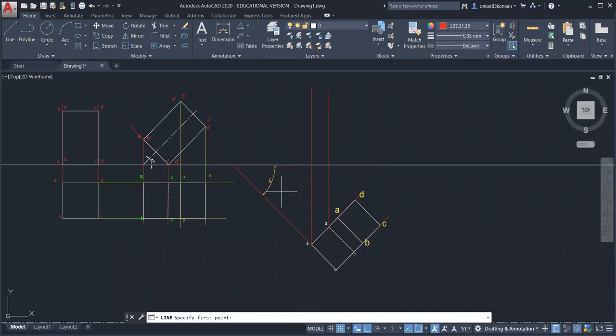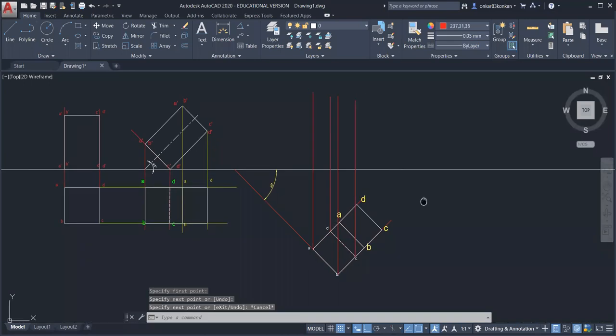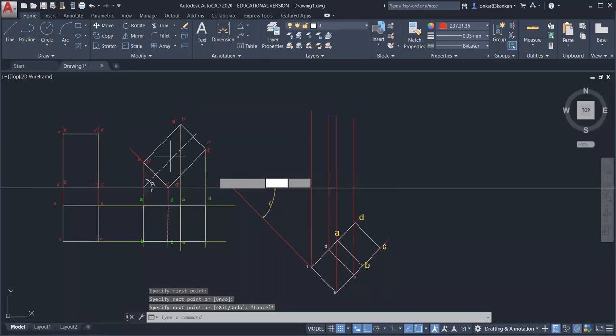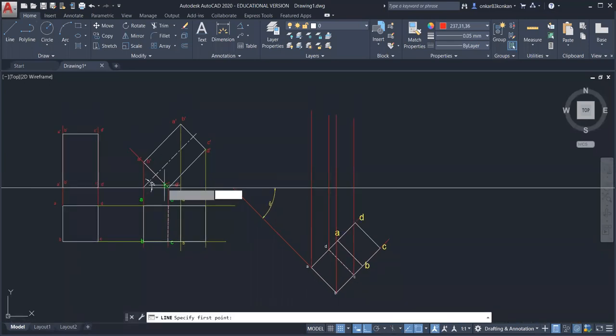Here I am using the red lines for the bottom base. Now take the projections from the second stage front view. So take the projections from the bottom base. Now try to find out the intersecting points.